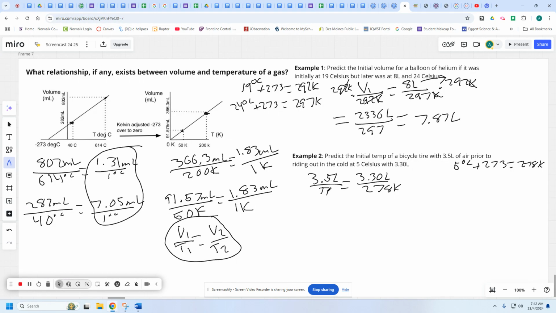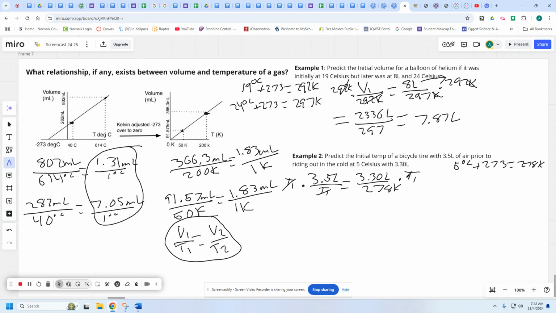So since the variable's in the denominator, I'm going to multiply a numerator version of T1 so that they cancel on the left, and I'm going to do it on the right to keep the equation reasonably equal to each other.